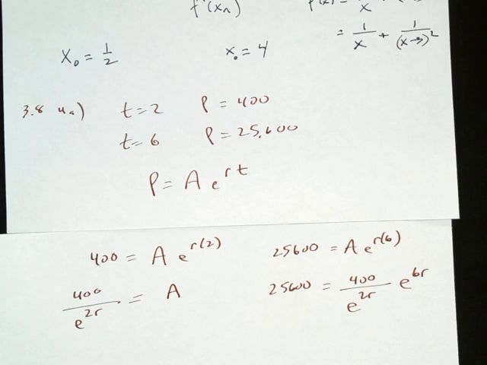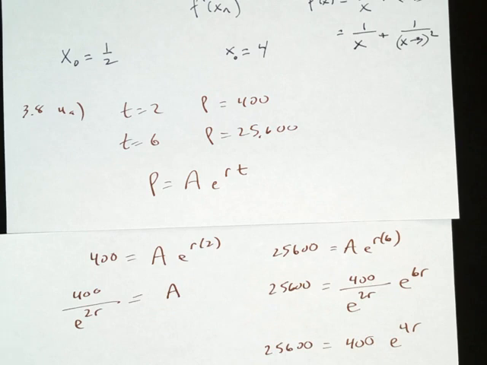What do I do when I divide things with the same base? So that makes this right-hand side e to the what power? Which means I now have one equation with only one variable in it. Since the thing I wanted to solve for was R, I can get that right from here. You're welcome.